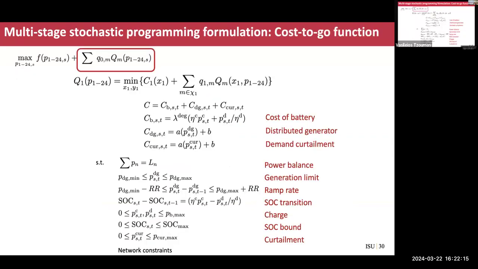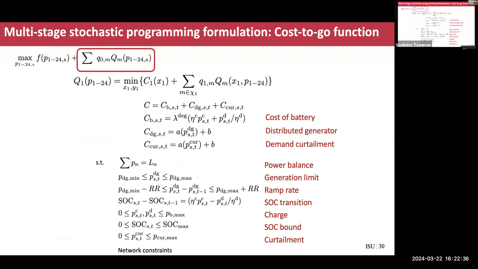To be more specific, what we have is a maximization problem of that first stage or virtual stage problem, and this expected cost to go function. And this expected cost to go function has a cost at a given stage plus the cost to go function at the next stage, right?